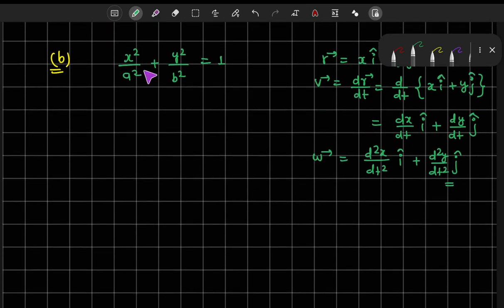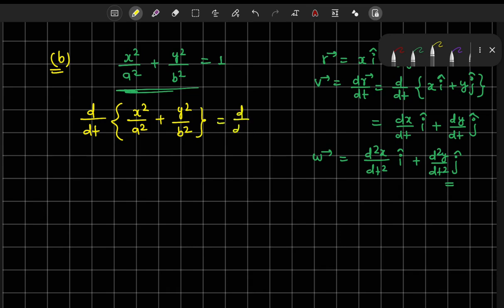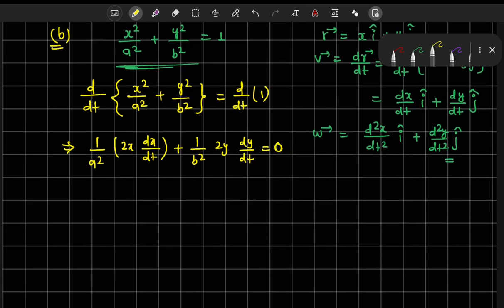So let us differentiate this particular expression with respect to time. We get d/dt of (x²/a² plus y²/b²) equal to d/dt of 1. So here we will get 1/a² into 2x times dx/dt plus 1/b² into 2y times dy/dt equal to 0, because the differentiation of 1 is 0.